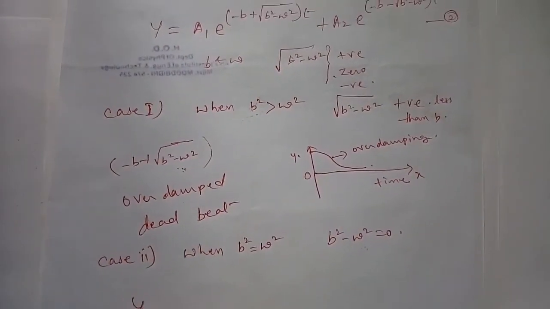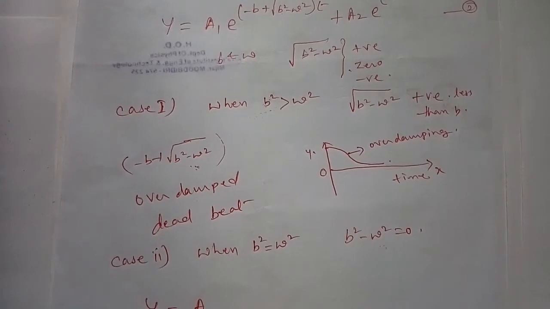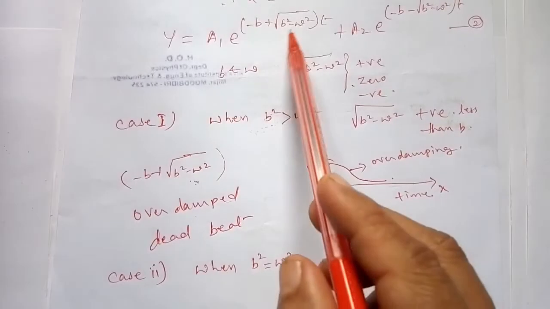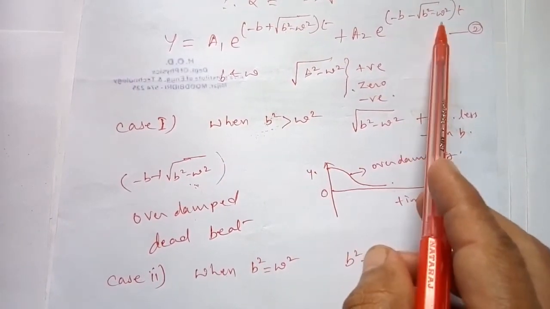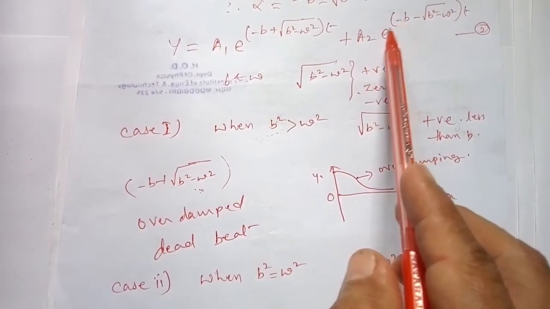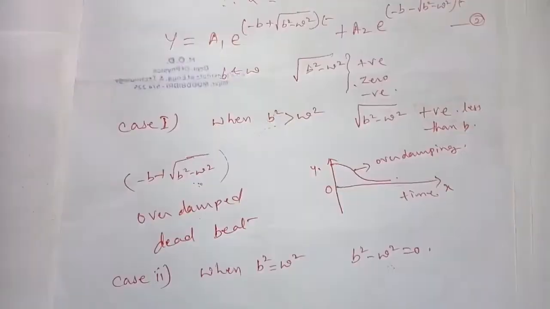So then y is equal to a1, what exactly happens is b square minus omega square is equal to 0. Here also it is 0, so the second term vanishes, and you are left with e to the power minus bt, which is a common term.